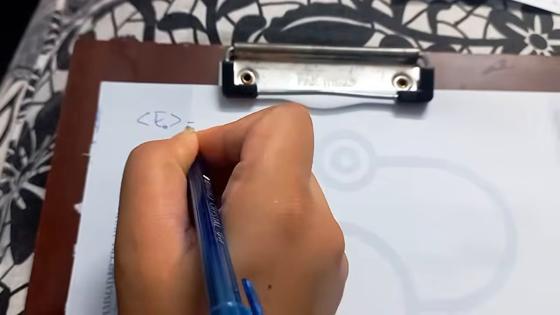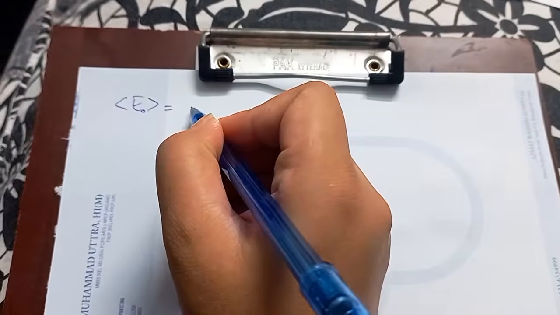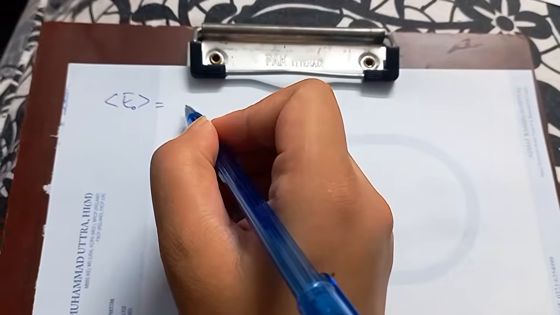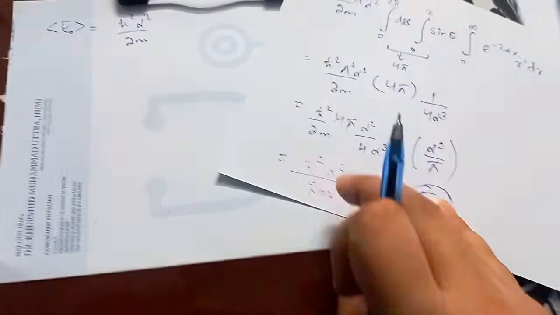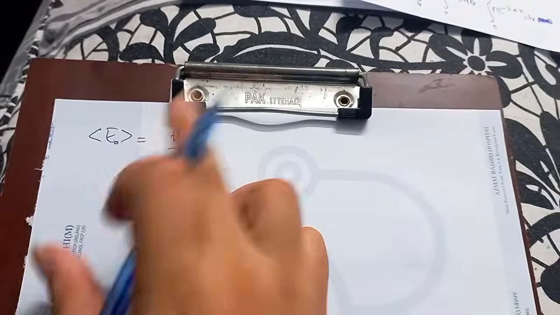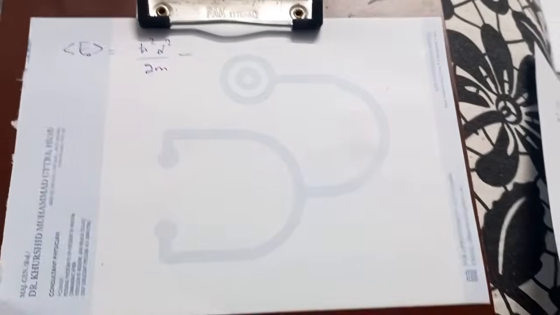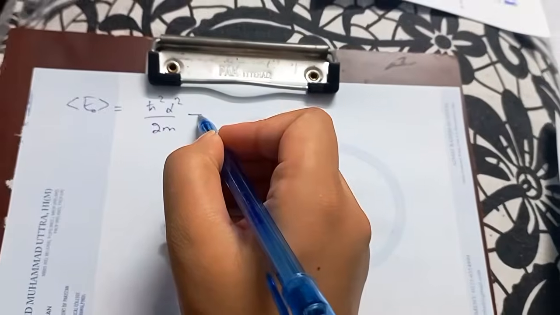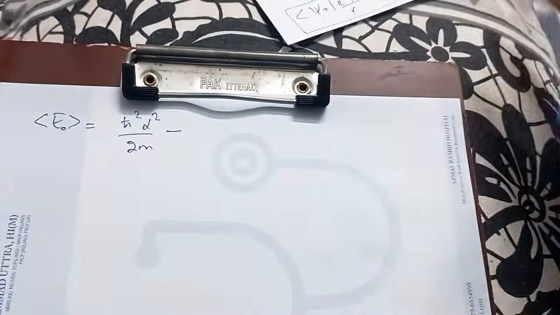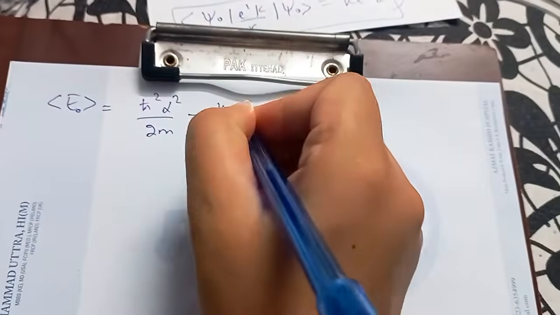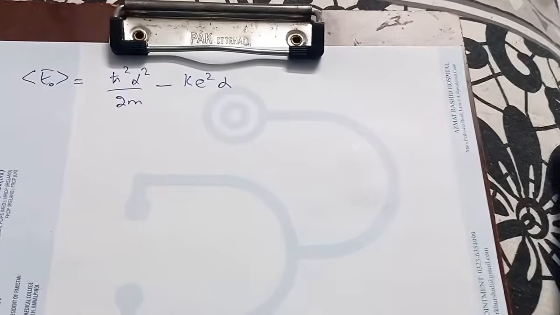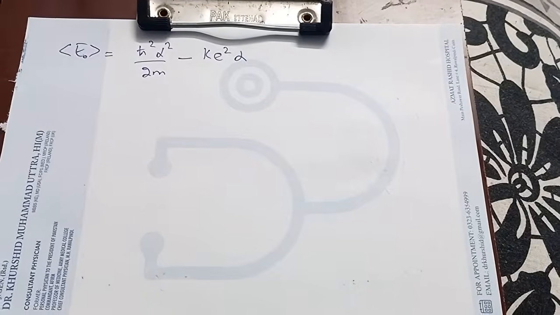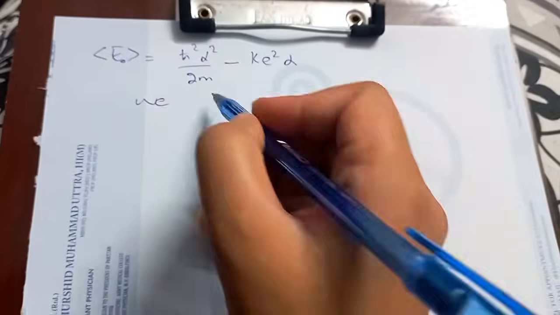This is equal to, putting in C, h square alpha square by 2m. This value, no negative sign, because as I told you people, I included the negative sign in the process, and this negative sign was not included, so it's here. And k square alpha, this is the value so far, simplified form, and we are almost 2 steps away from the final solution. Now we need to use the variational principle.